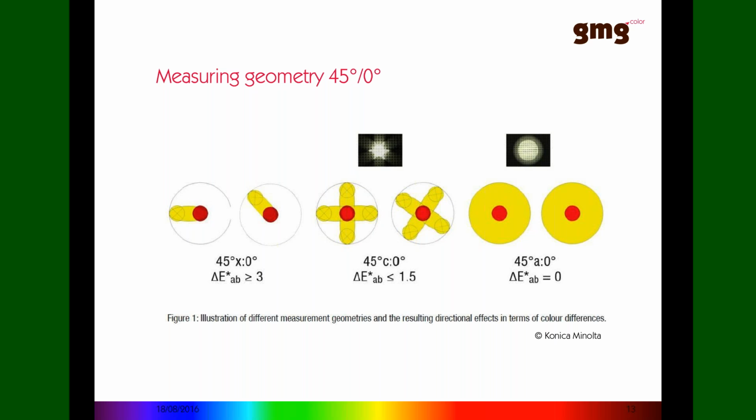If you have just such a very simple light source, then of course, if you have a rougher surface that you are going to measure, it has a huge influence.